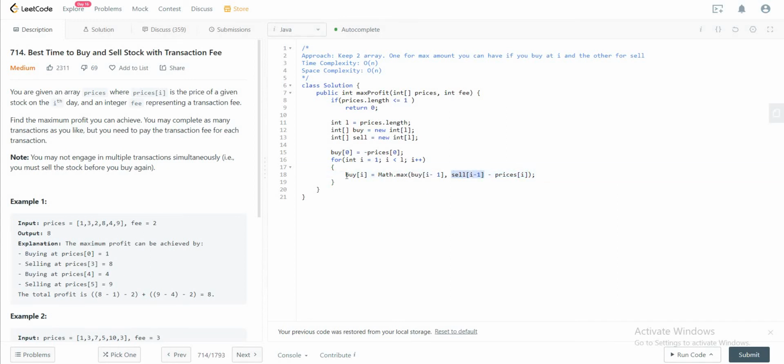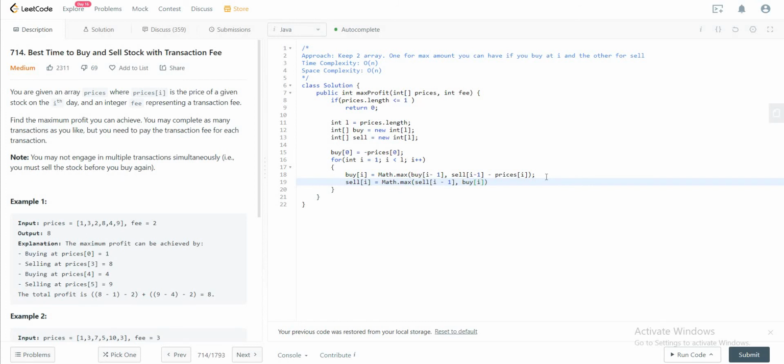So this is what the logic is doing for the buy array. For the sell, it's similar as well. So for sell, does it make sense for me to sit on my previously sold stock, or does it make sense for me to sell after I have bought previously?